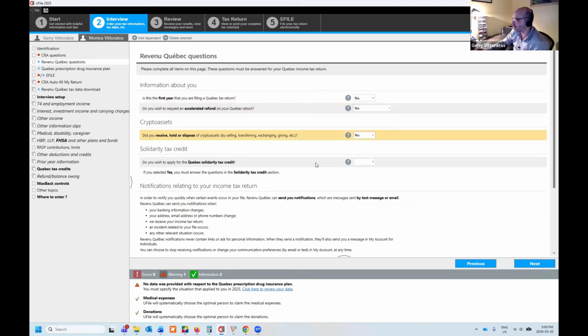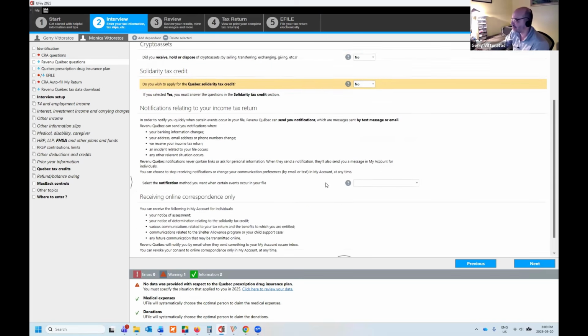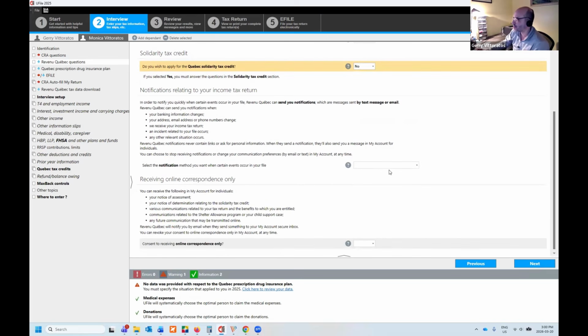No. Does she have crypto assets? No. Solidarity tax. Remember what I said: only one of the couple can claim it on behalf of the two. So since I put it in my file, I'm going to say no in my spouse's file, because in this case, only one person can claim it. Okay, and so on.